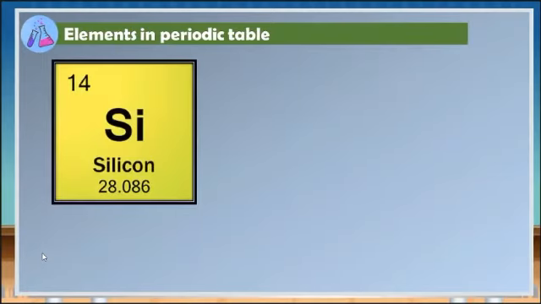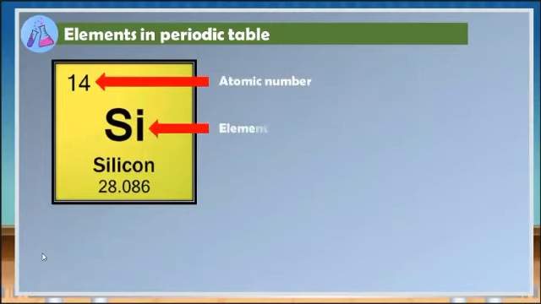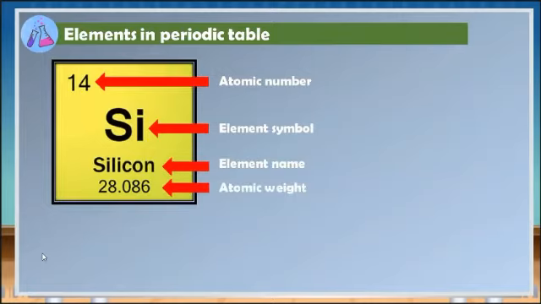At the upper part is the atomic number, followed by the element symbol, then the element name, followed by the atomic weight. The atomic number indicates the number of protons in each element. So silicon contains how many protons? 14. And hydrogen?